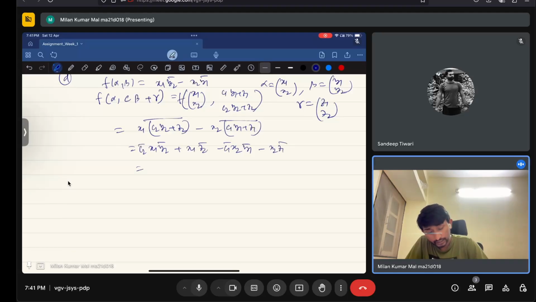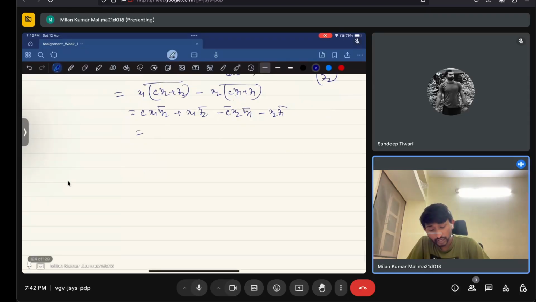Here you can take c1 and c2 as one same constant, c.